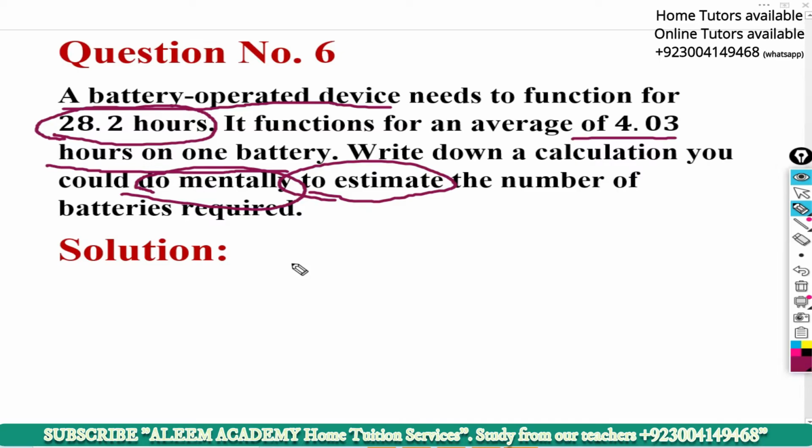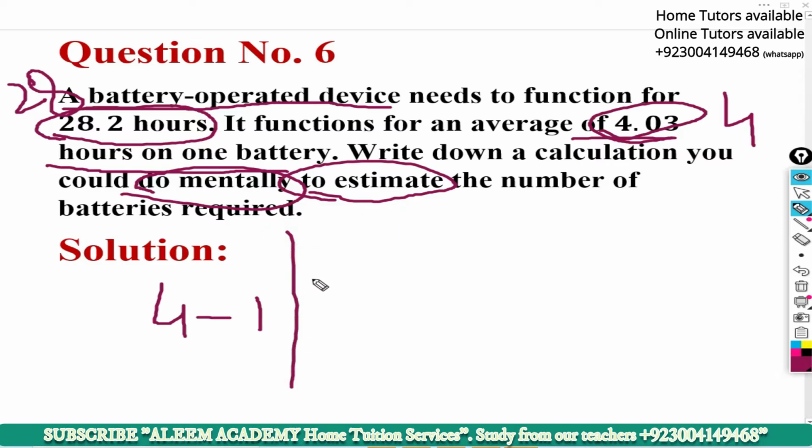So first of all, we need to round off the numbers which are given to us. 4.03 can be rounded off to 4, and 28.2 can be rounded off to the nearest 28. So what will happen? A device should function 28 hours, but the average time of its function is 4 hours. So if it functions 4 hours on one battery, it will work 8 hours on 2 batteries.